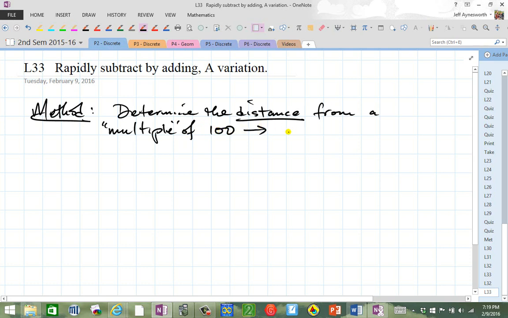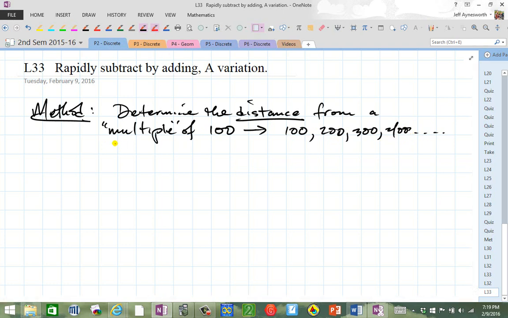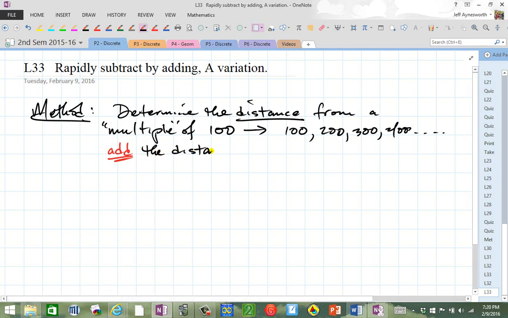And what I'm talking about is 100, 200, 300, and obviously you should know the multiples here, 400, etc. Then determine that distance from a multiple of 100, like one of these numbers, and then simply add the distances together.